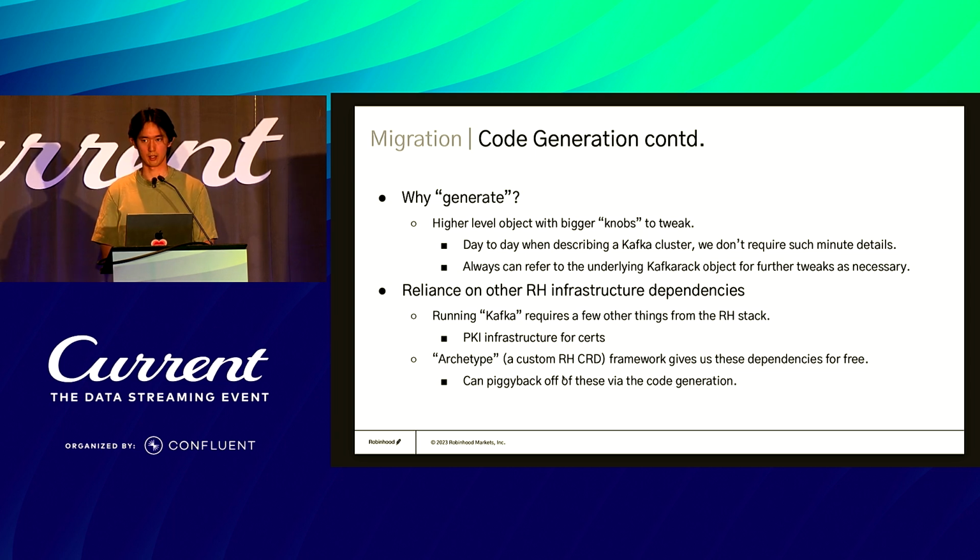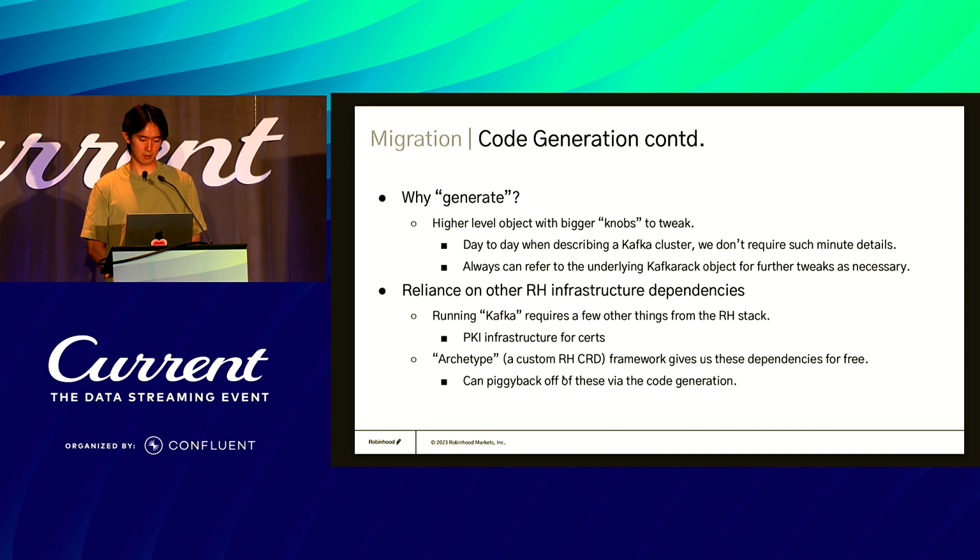A lot of those are the same across all three Kafka racks that you have. So day to day, it's nice having a higher-level object where you don't need to repeat a lot of these across different Kafka racks. If you need to tweak something under the hood at a more granular level, you can always refer to the underlying Kafka rack object.